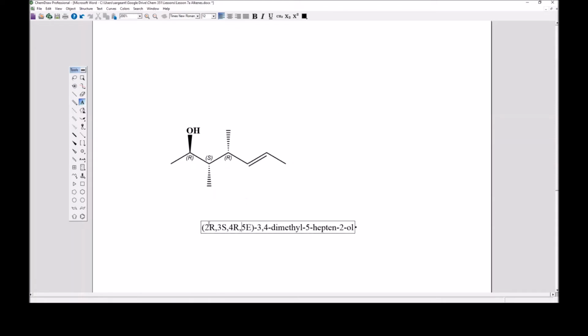Notice how I like to see these in numeric order. Even though there are R's and S's here, I like to put them in numeric order. ChemDraw doesn't really care. It usually puts all the RS labels first and then the EZ labels second, unless there are multiple EZ labels, and then it gets weird. So just put a number on everything and then put them in numerical order, and your answer will be good enough. Let's see if ChemDraw agrees with me.